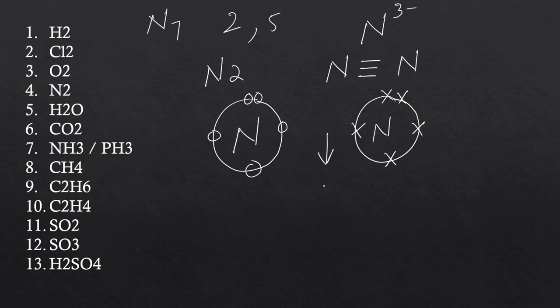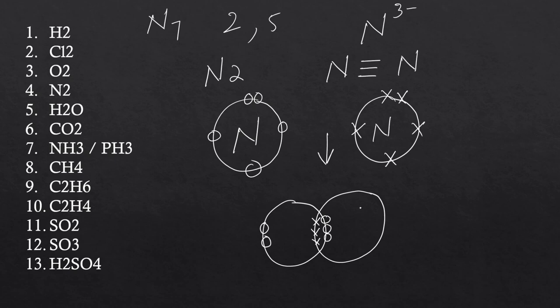When they overlap, we will draw them here because they will make a triple covalent bond. So 3 electrons from one atom and 3 electrons from the other. It is the lone pair of this electron and it is the lone pair of this electron.